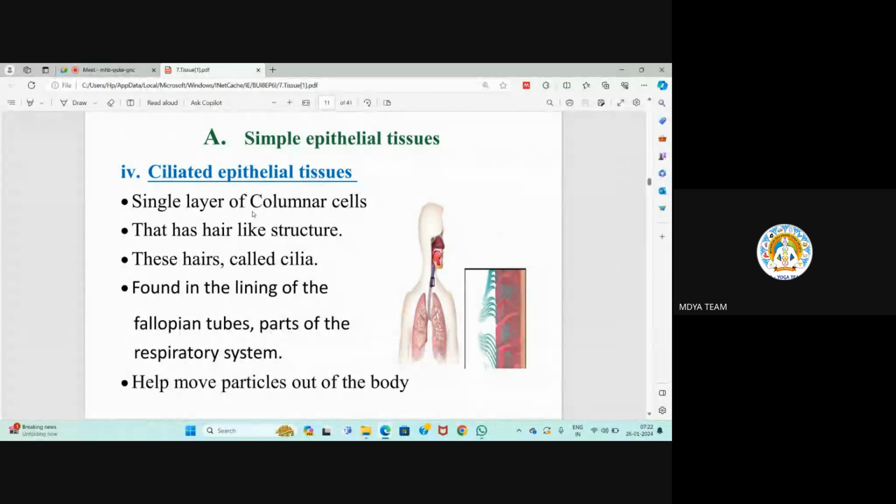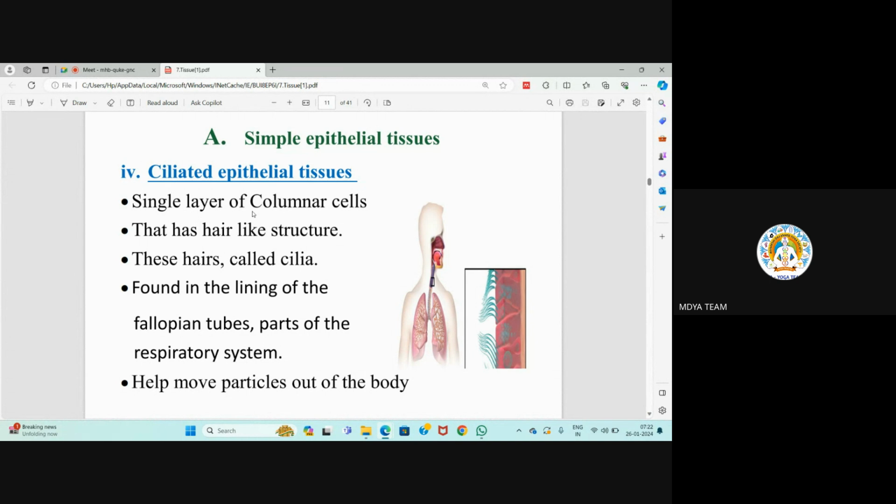So this journey from ovary to uterus is helped by these hair-like projections. These are cilia. If you're not getting me, you can stop me right at that time and ask me anything you are not understanding.